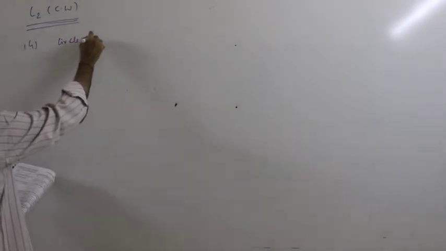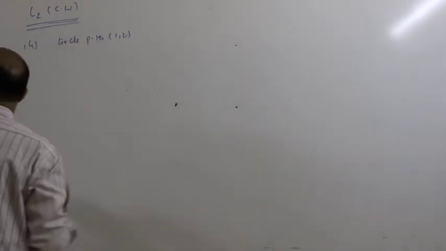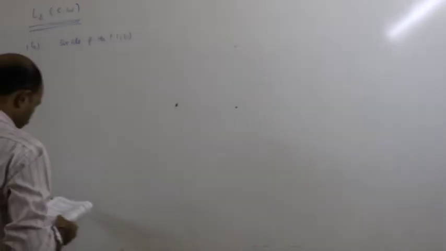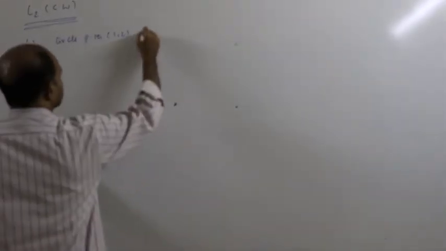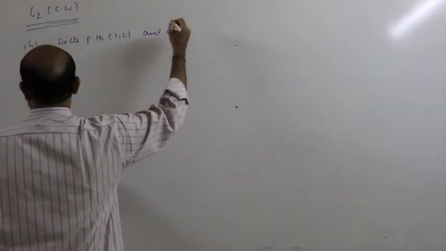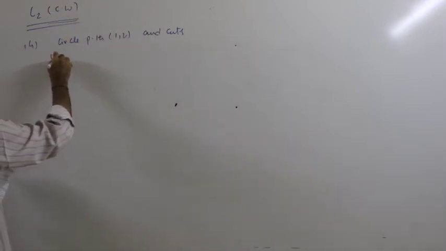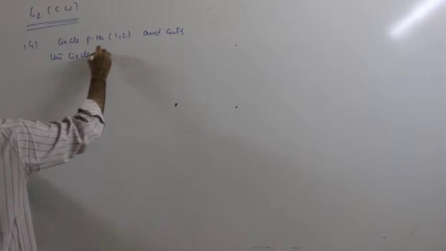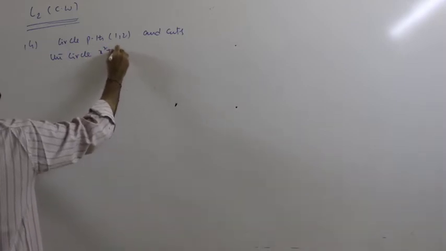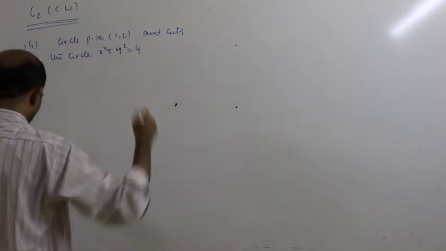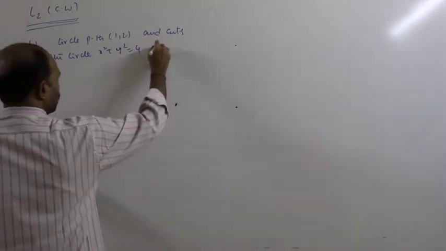Come to the next problem. Problem number 4. A circle passing through 1, 2 and cuts the circle x square plus y square is equal to 4 orthogonally.